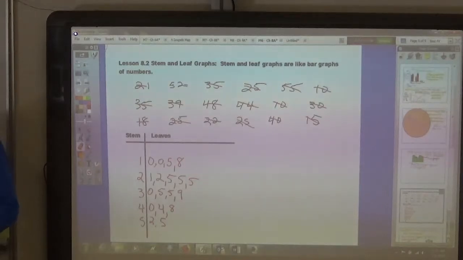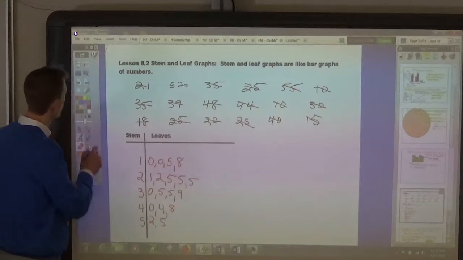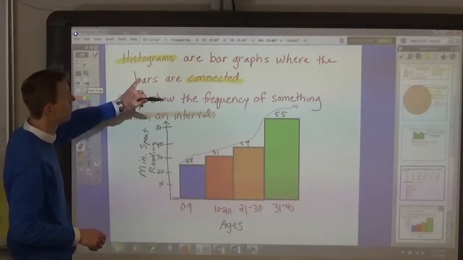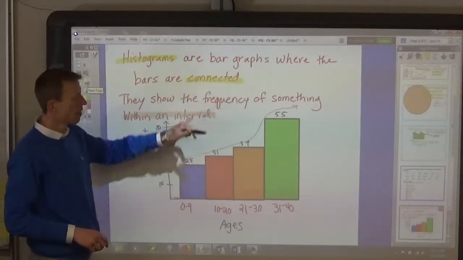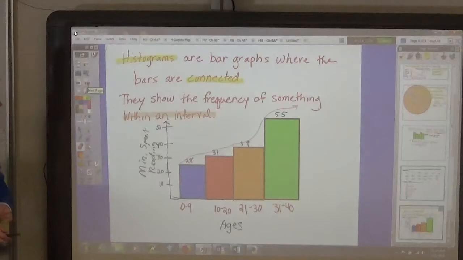Let's talk about histograms. Histograms are bar graphs where the bars are connected. So write this down. Histograms are bar graphs where the bars are connected.